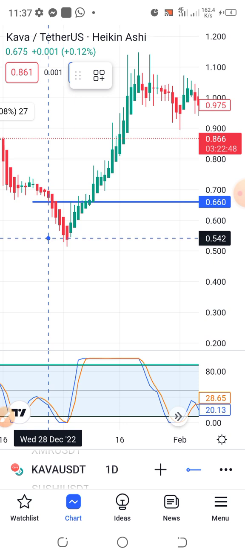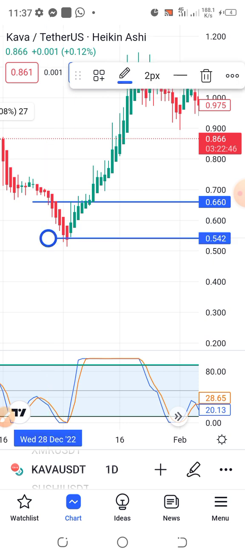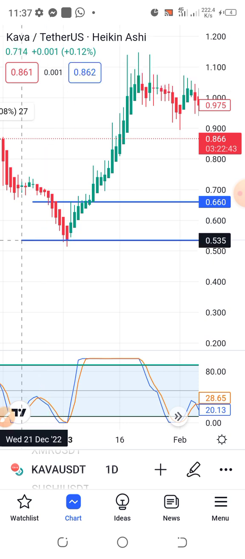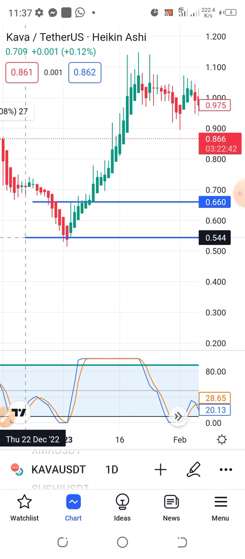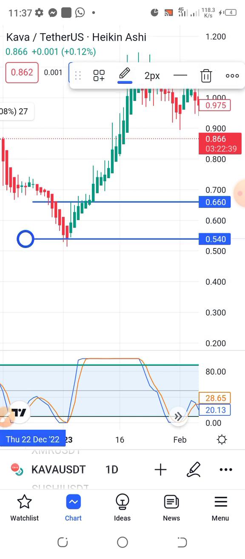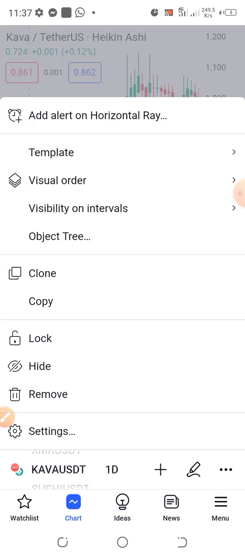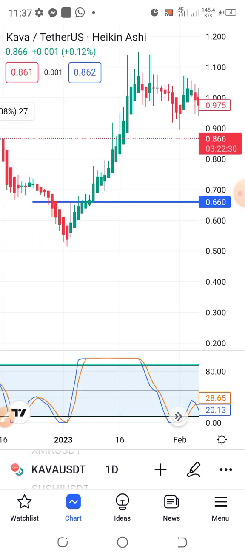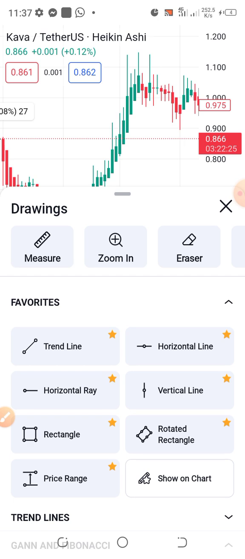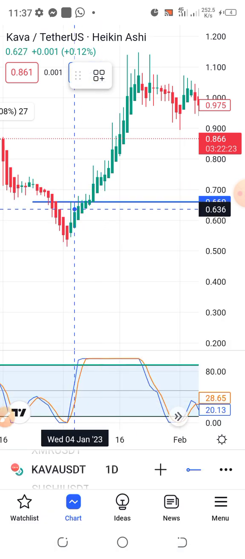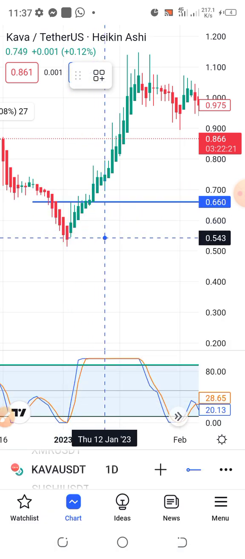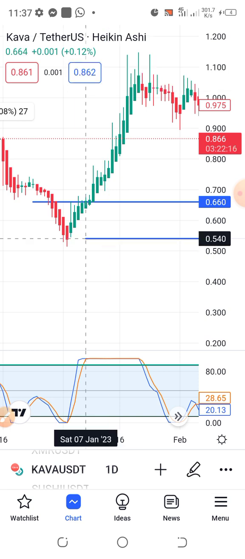You put it where the hammer closed. I think we are good to go. Let's make it like this. Wow, beautiful. So that is our hammer, that is our pin bar.